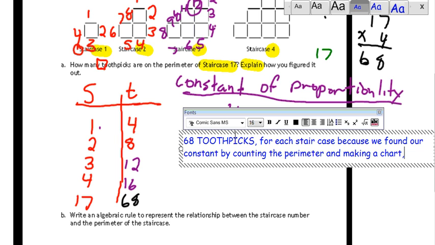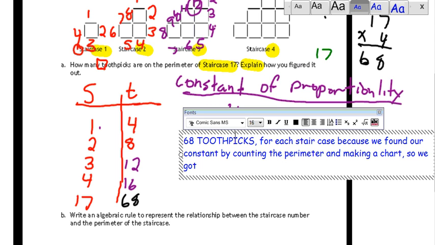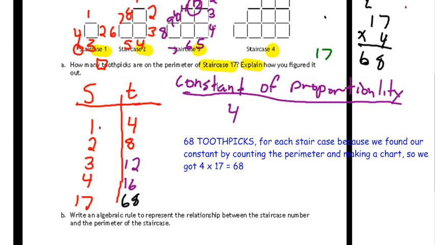So we got 4 times 17, which equals 68. If you guys can't see it because of the black line, there you go.